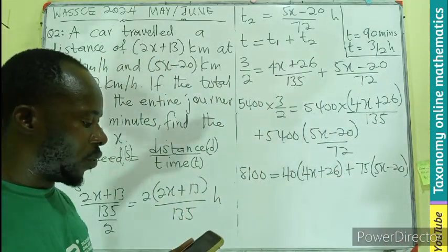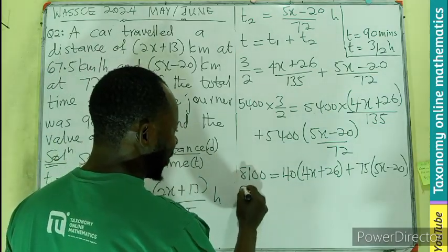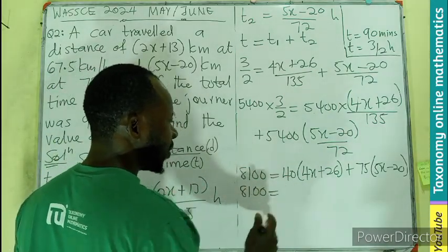So we have an equation with brackets. Let's expand. The 8,100 keeps its place.